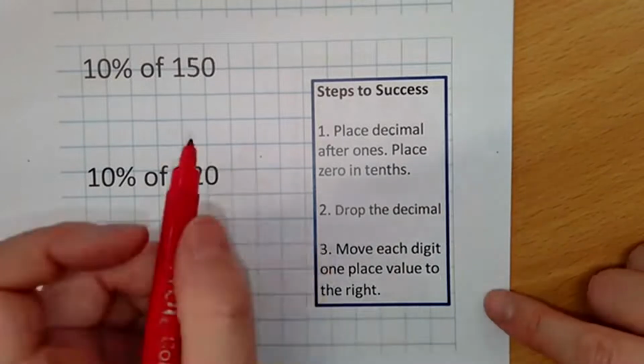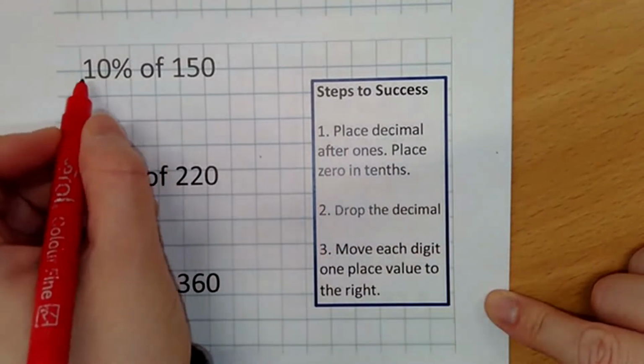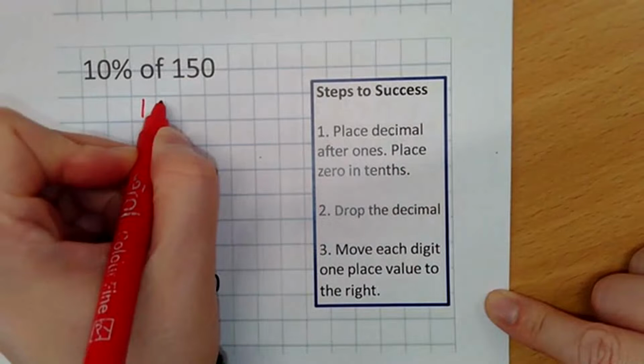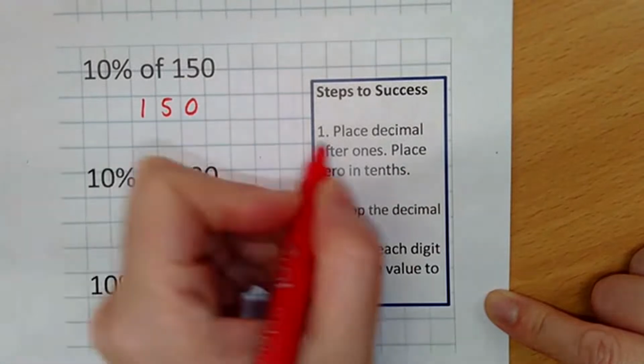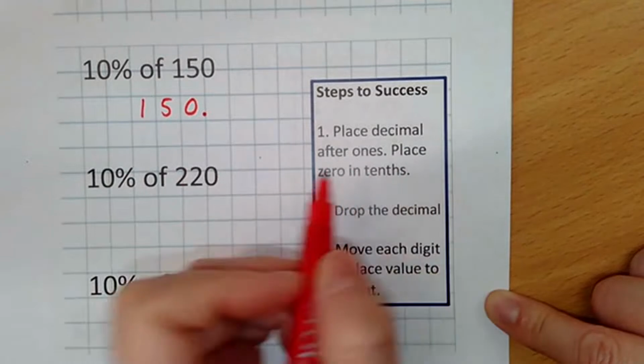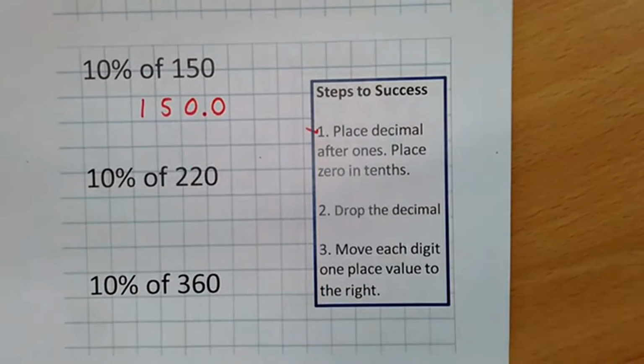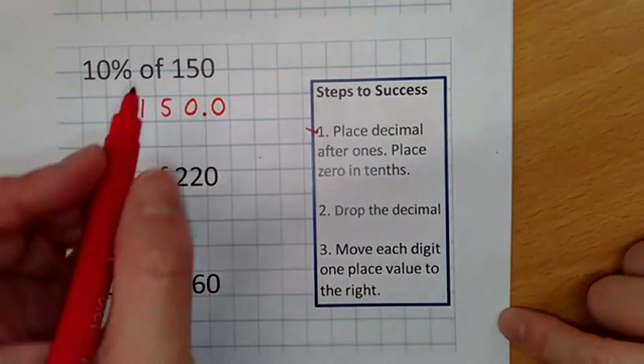Same steps to success. Number 1, place decimal after ones. So this is my number, 10% of 150. I have 150 and I need to place my decimal after my 0 and then place my 0 in the tenths. There we go. Number 2, I'm going to drop the decimal.